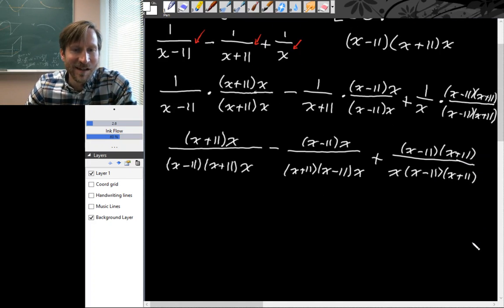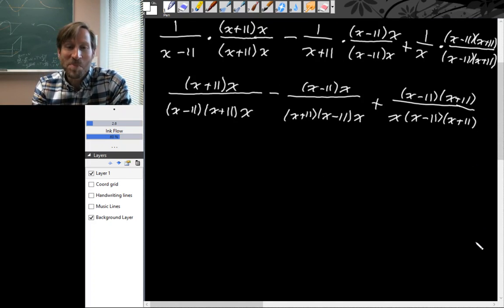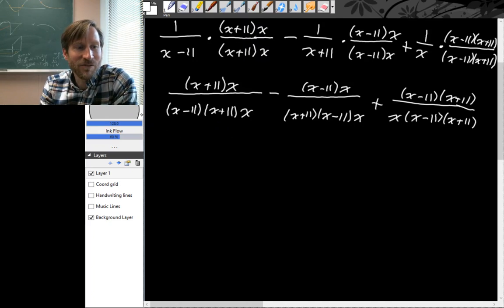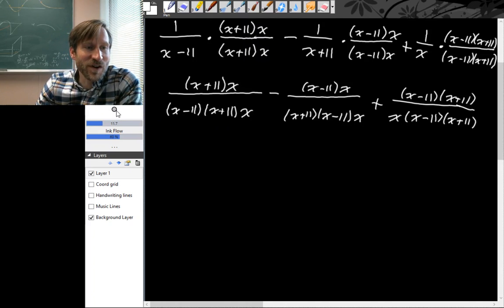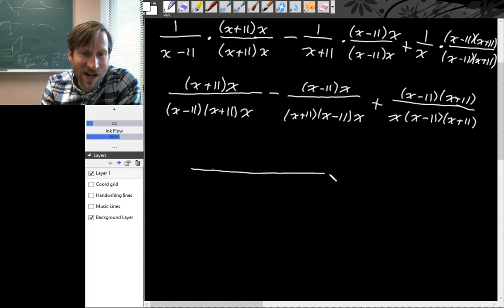Okay. Now we've made quite a mess, but we now have common denominators in each of our fractions. So now we can proceed to actually adding these fractions together. For rational expressions, once you have a common denominator, you add them the same way you add fractions.